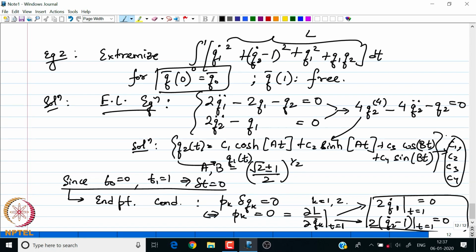So, I am not going to mention the value of these c_i's and leave the problem for the students to find out the value of these constants in terms of q naught bar, okay.